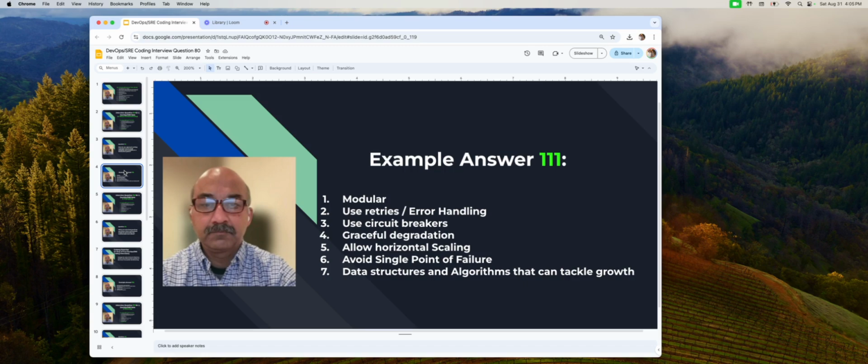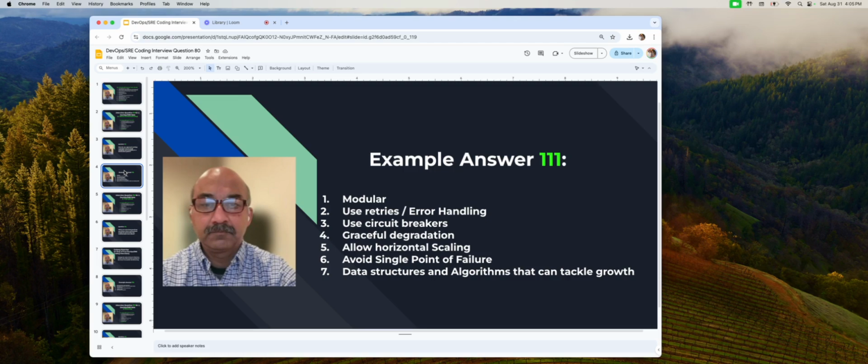Use data structures and algorithms that can tackle growth. It's kind of the same as number 5, but more specific. When you're choosing to use a particular data structure, say lists or slices or maps or JSON, whatever, and the algorithm you chose to implement the solution, both of these should be able to run when your application is heavily used.